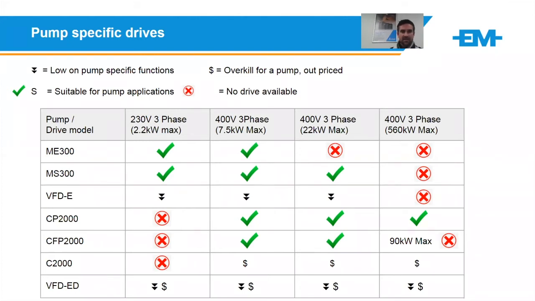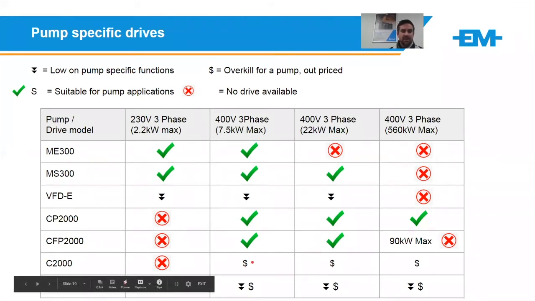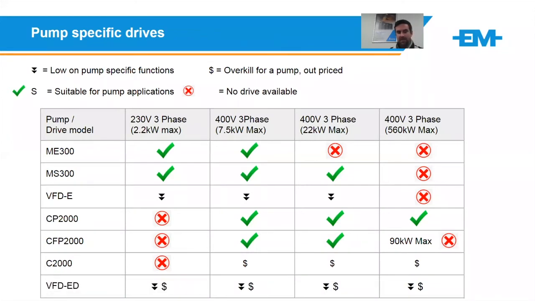The C2000 is just too expensive. There's no reason to go for the C2000 on a pump purpose application. It's priced out. It's got too many features that are not pump related embedded in the drive, so you're paying for something you're not going to use, basically.